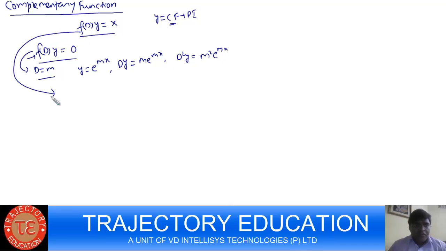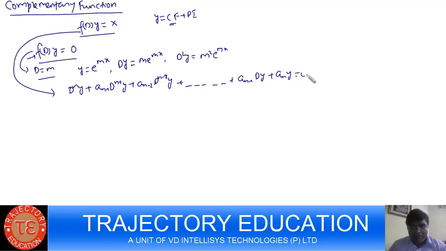So this equation, which is nothing but d^n y plus a1 d^(n-1) y and this will go till plus an y equal to 0.